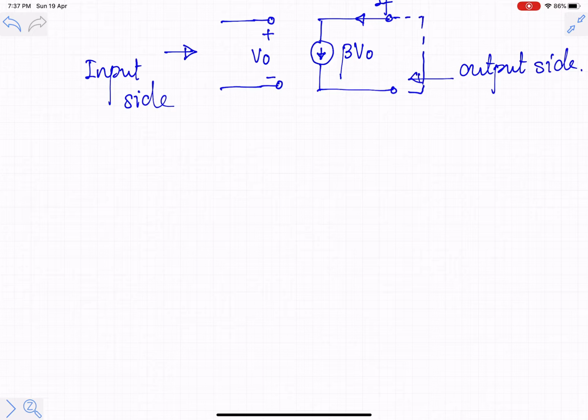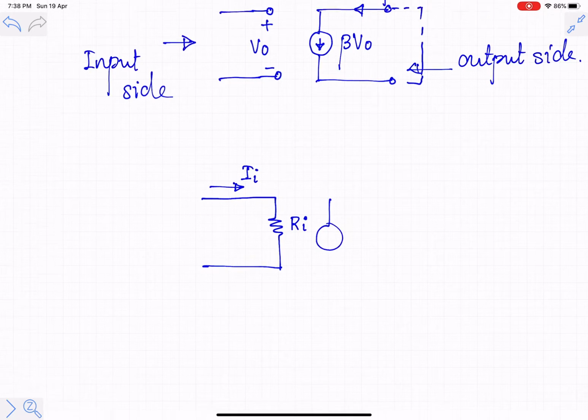Now when we connect the feed forward amplifier and feedback network together, we will get the transimpedance amplifier with feedback. So we have the feed forward amplifier, input impedance is Ri, input current is Ii.